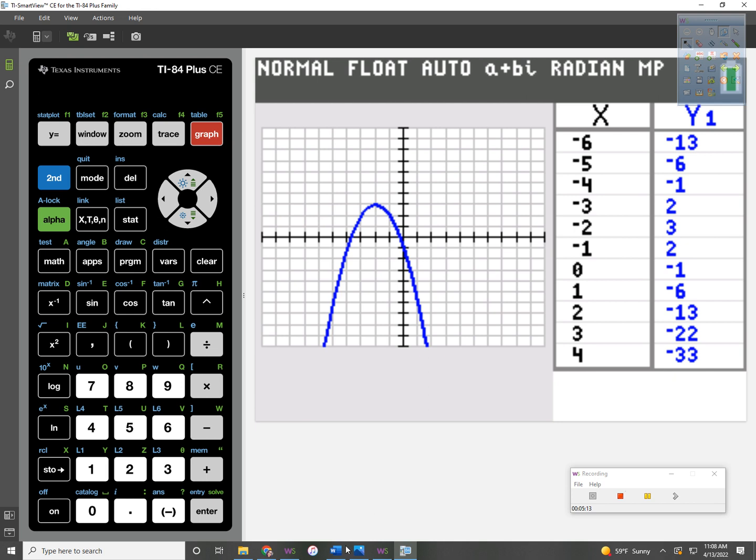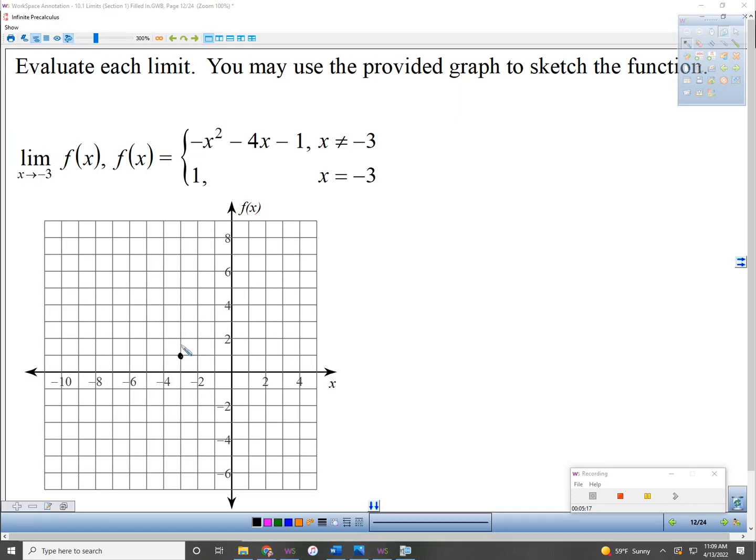So I'm going to go ahead and plot those points: my vertex at negative 2, 3, then a point at negative 1, 2, and another point at 0, negative 1. And then I'm going to mirror those to the other side of this axis of symmetry. So I have a point here and a point here, and I will draw those in.